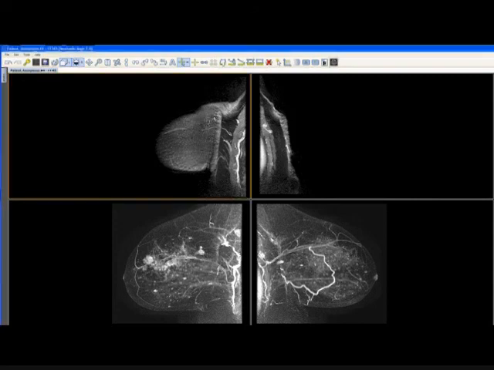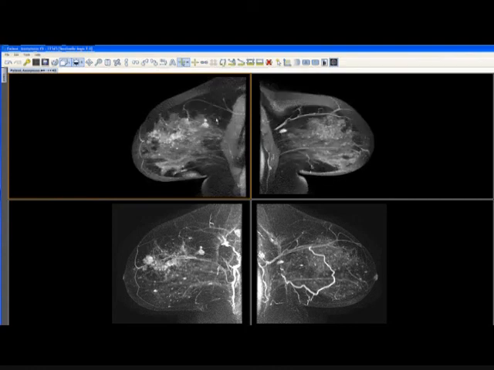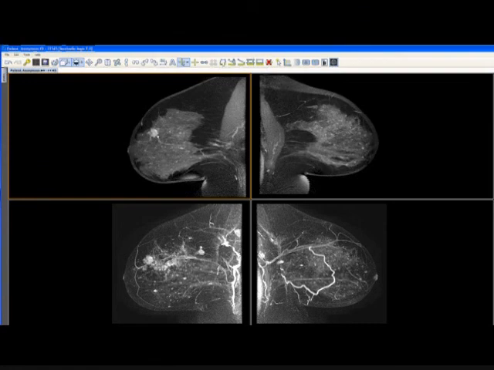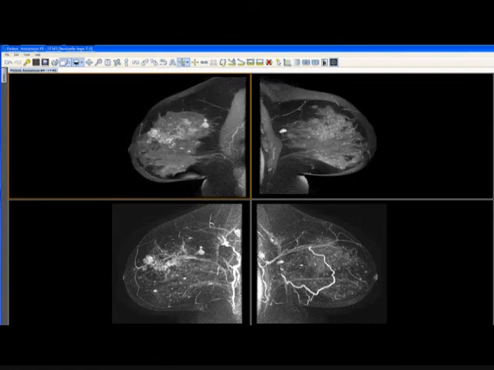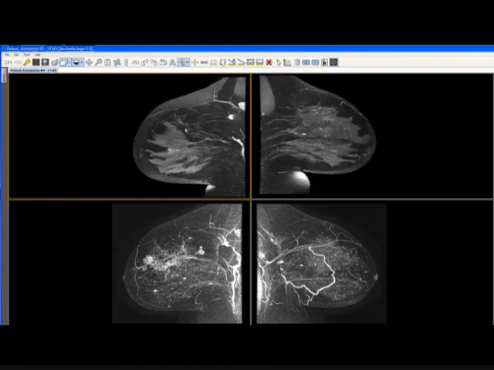Again, just looking through, we won't create the significant images just for the sake of time, but looking at these images, there's clearly multifocal tumor here, likely areas of invasive, but then this non-mass-like intervening enhancement, very commonly associated with DCIS and often relatively high grade.